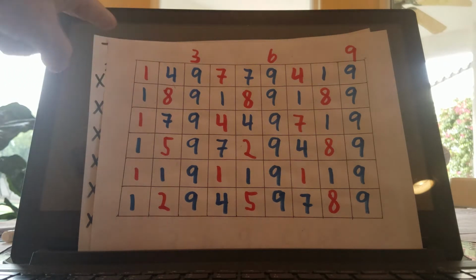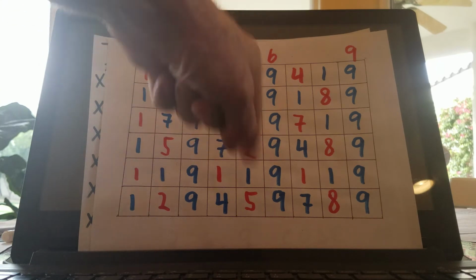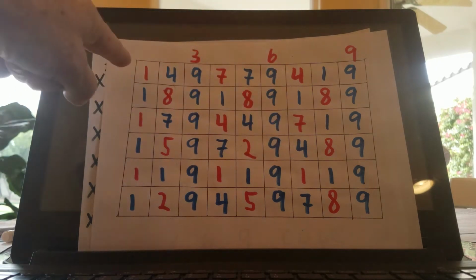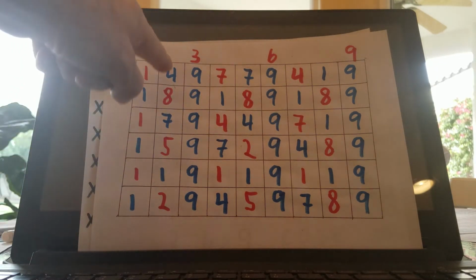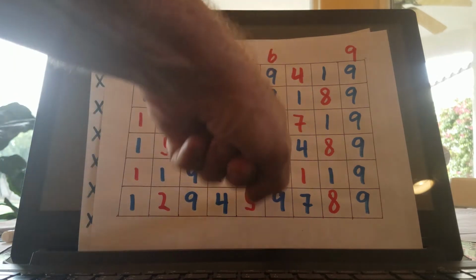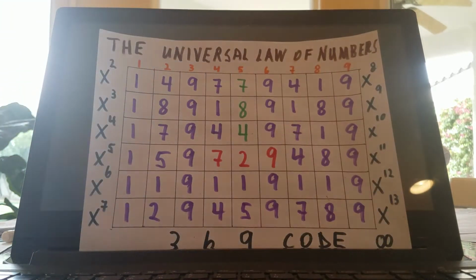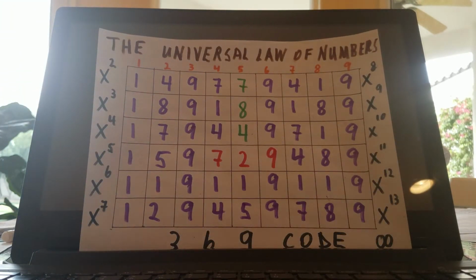And obviously we get 3, 3, 9, 3, 3, 9. Well, 3, 6, 9, 3, 6, 9, 3, 6, 9. That's one way of getting the 369 code.